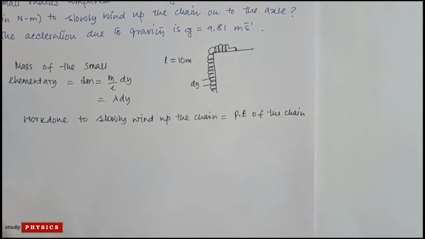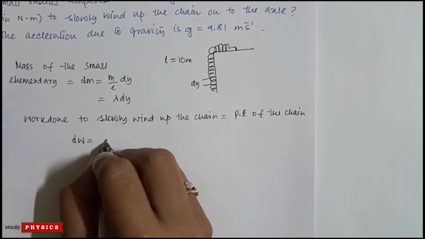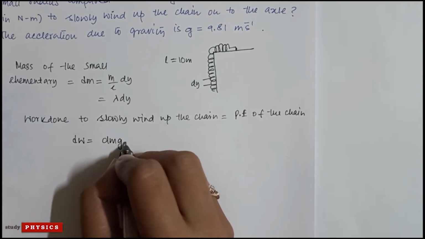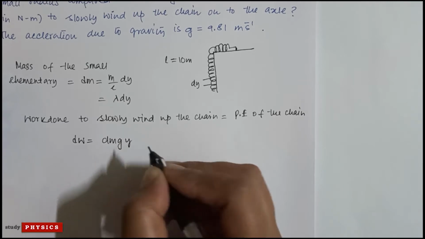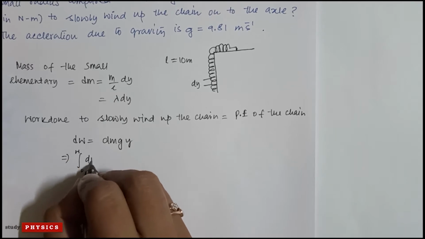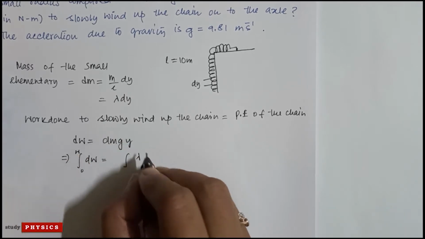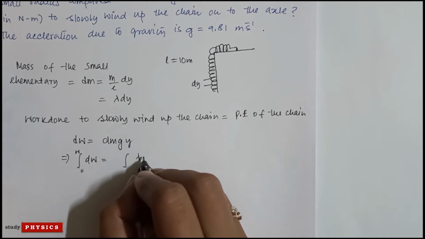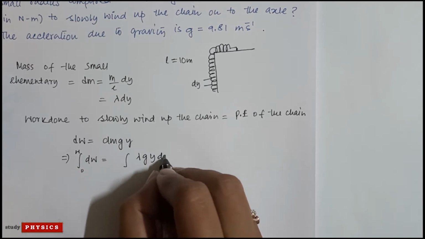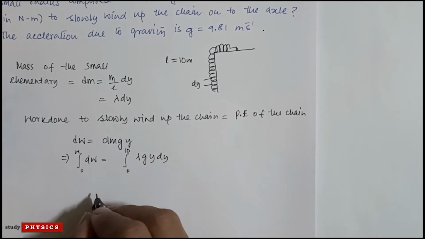For potential energy, dW is dm g y. So we can integrate this. dm is lambda dy, so lambda g y dy, from 0 to 10 meters.